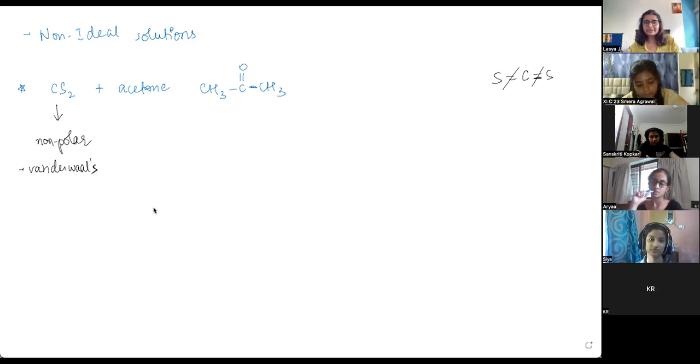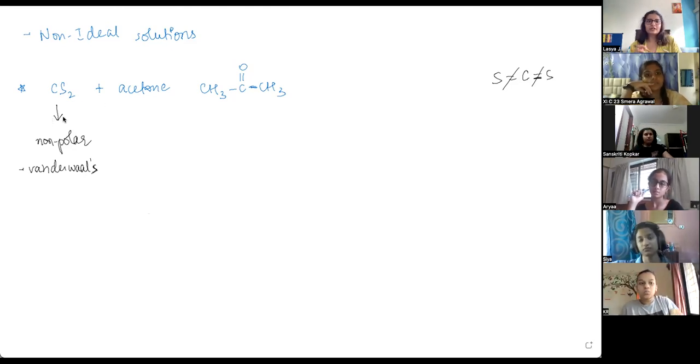Is there anything that is inducing a dipole in carbon disulphide? There is no pole. There will be no dipole because it's non-polar. Hydrogen bonding won't be there. Nothing else, just normal London dispersion van der Waals forces will be there.